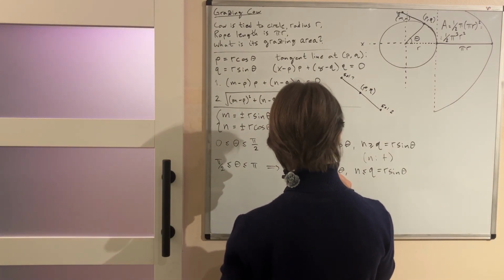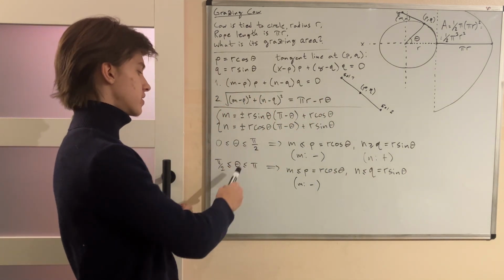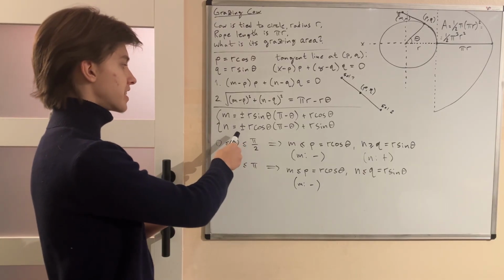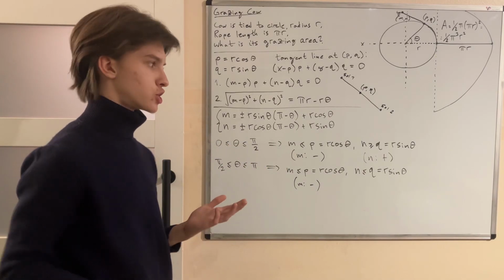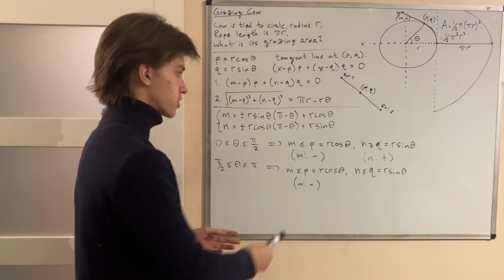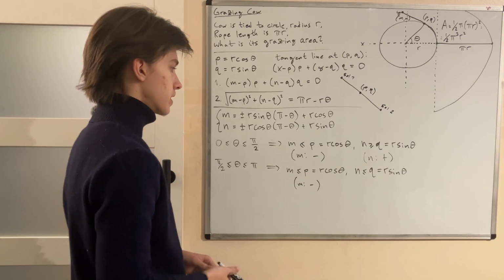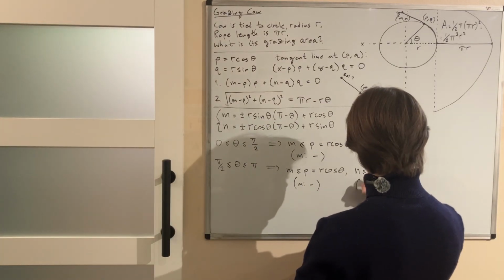And now for n to be less than or equal to q, first note that cosine of theta in the second quadrant is negative. Therefore, if we have a plus sign here, then this whole term with the cosine of theta will be a large negative number, and so adding it to our sine of theta makes it less than our sine of theta. Therefore, we have to choose the positive sign for n, like this.